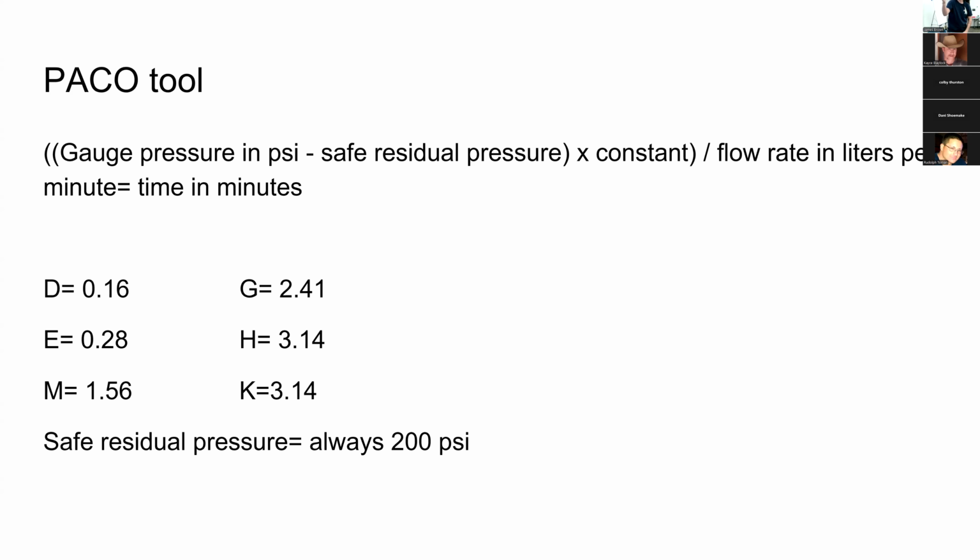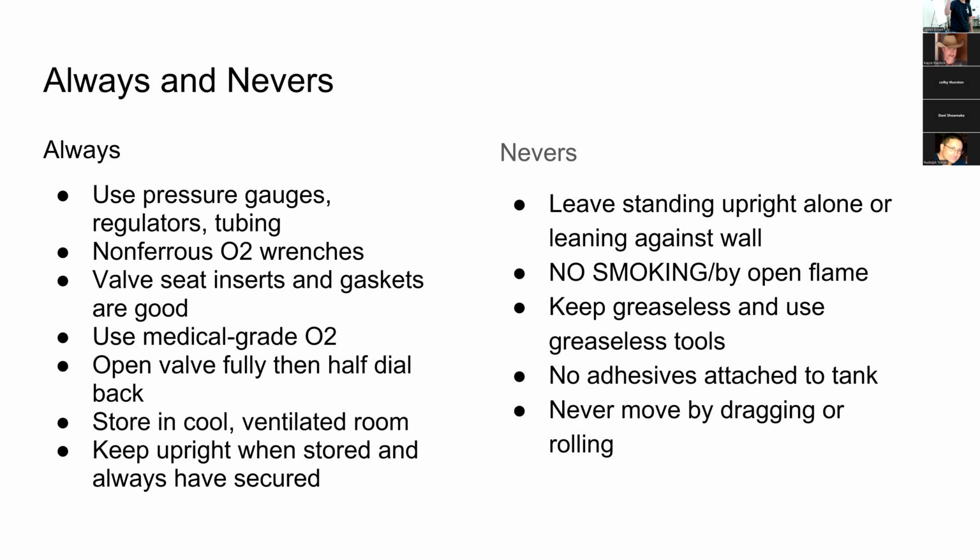There we go. We're going to talk a little bit more about oxygen and oxygen therapy equipment. When we talk about this tank, there's the always and nevers that your book gives. So always use the pressure gauges, regulators, and tubing that is correct for the patient and the device.